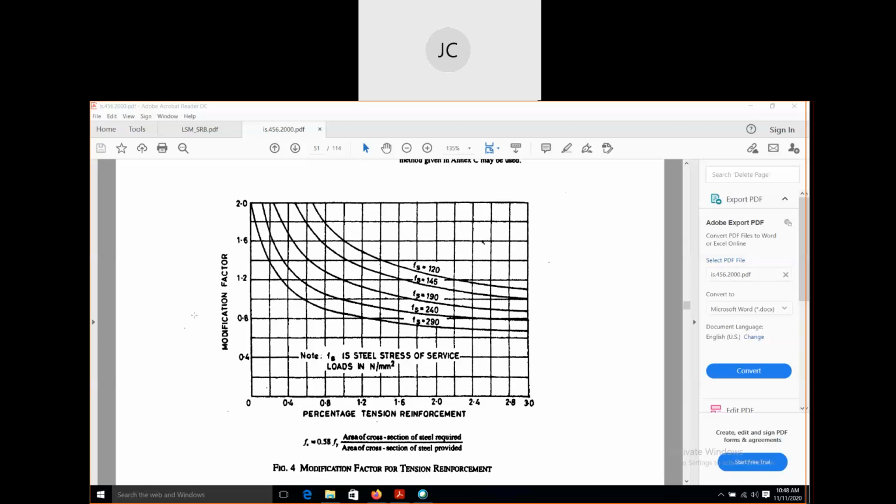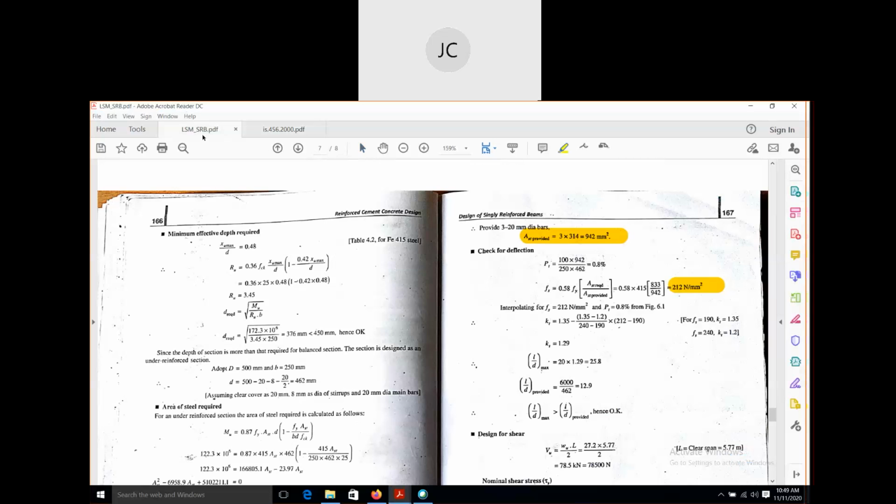Okay, so now can you tell me how to find out the value? It is simple mathematics now. The range is given: for Fs 190, one curve is given. For Fs 240, one curve is given. We need the value at Fs equal to 212. So can you tell me how to find out? Or you can see the calculation in the PDF.